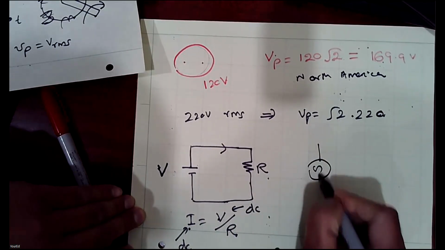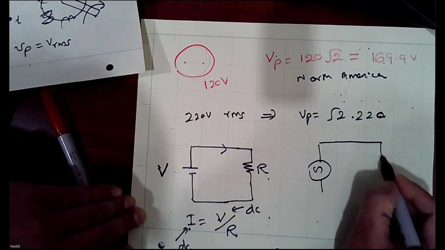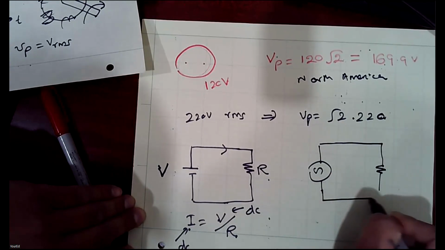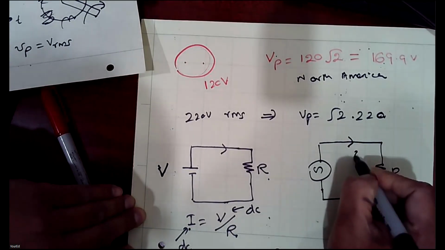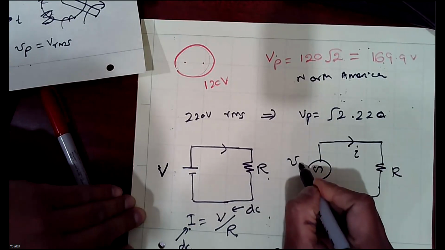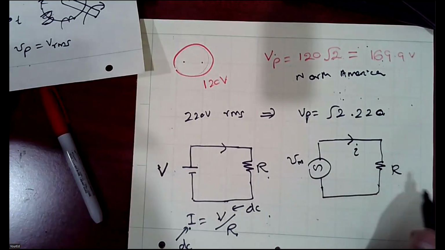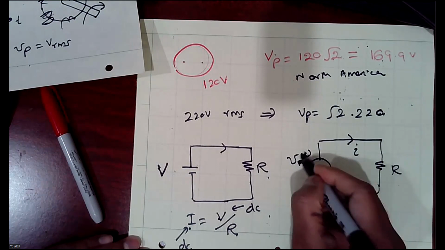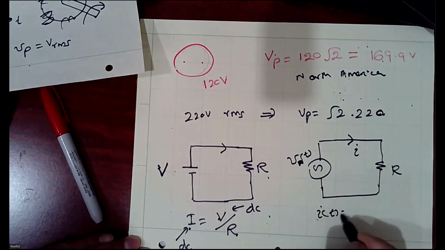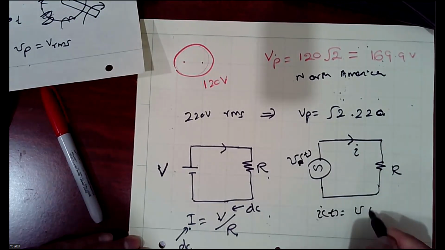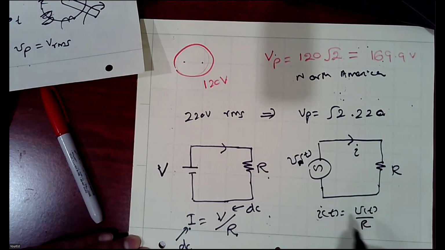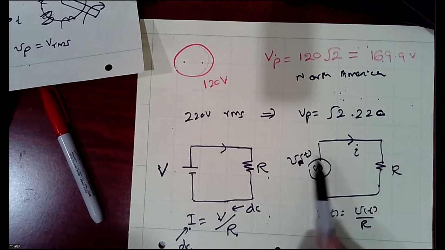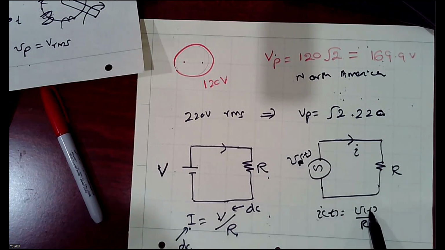Similarly, if I have an AC voltage, then my current will be, I can write this as V(t), therefore my I(t) will be V(t) divided by R. Since this is time varying, I write it as a function V(t), and the current is time varying, so I write it as I(t) divided by R. R is a static number.